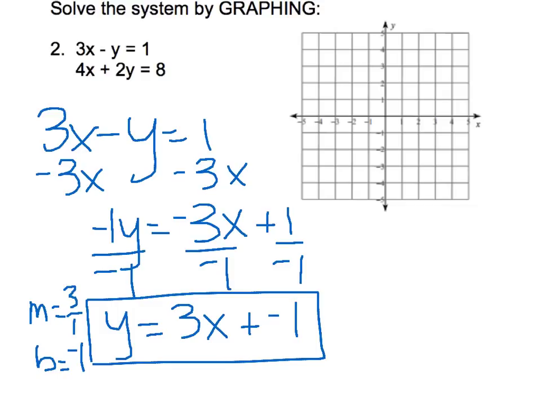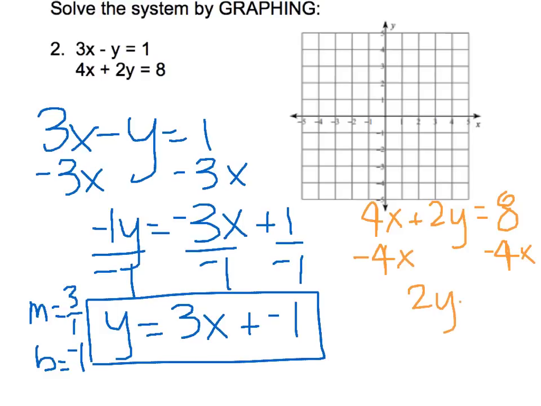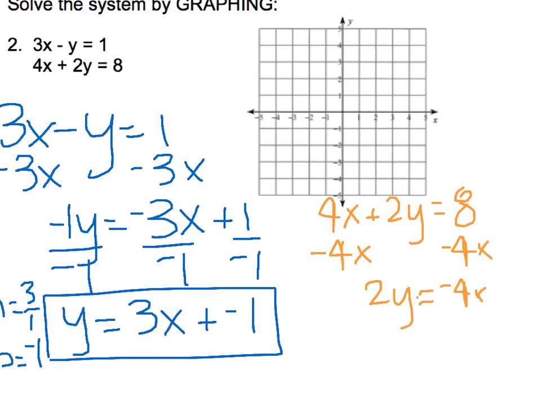All right, now I'm going to take my next equation, which is 4x plus 2y equals 8. And I'm going to solve this equation for y. So I'm going to subtract 4x on both sides, and I'll get 2y equals negative 4x plus 8. That's supposed to be an x there.